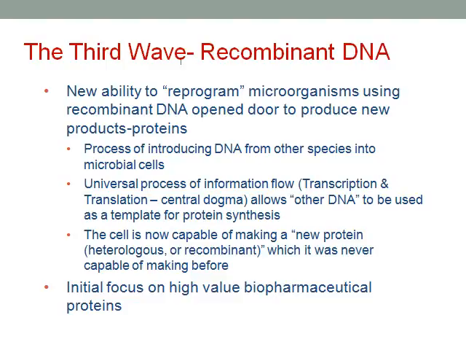The cell is now capable of making a new protein that is heterologous or recombinant, which it was never capable of producing before. The initial focus was on high-valued biopharmaceutical proteins.